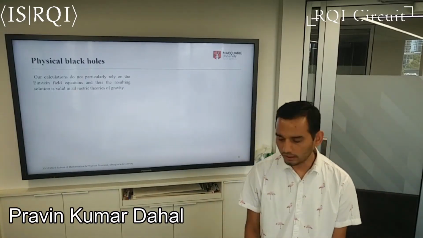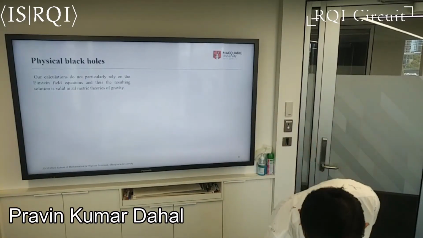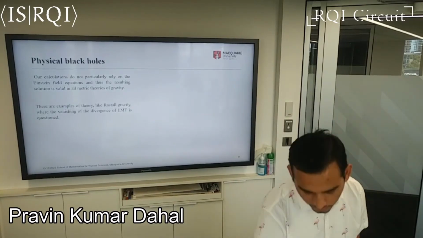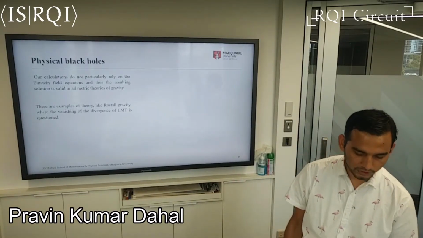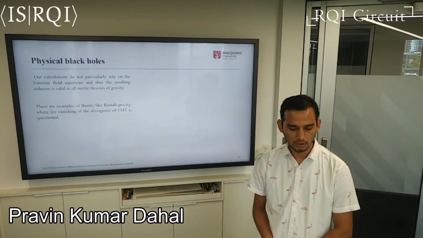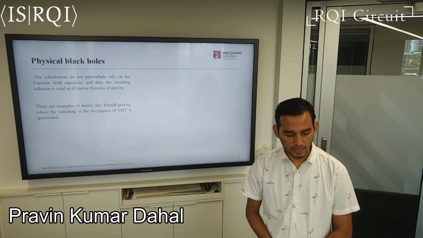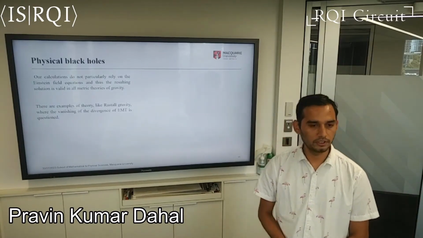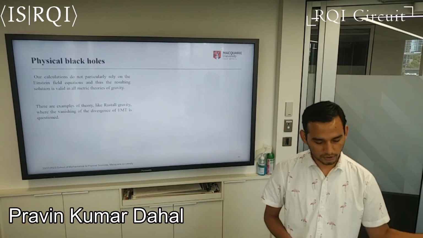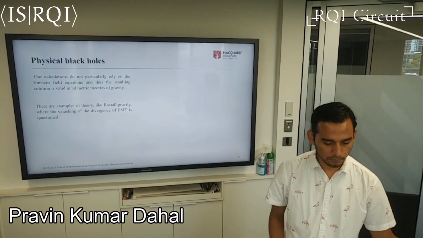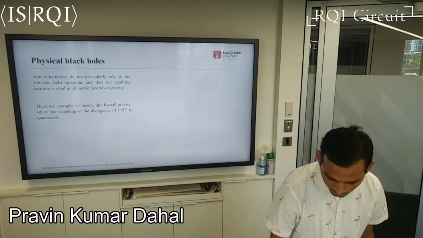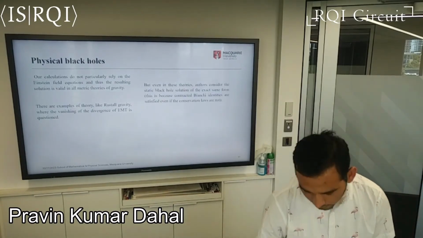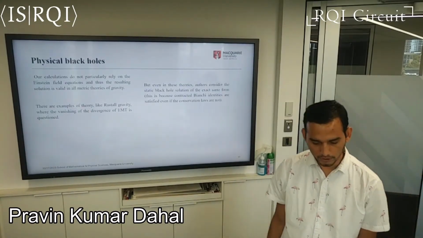So it's valid in all metric theories of gravity. I have seen a specific interesting example. For example, in rainbow gravity, people consider that the divergence of the EMT is not valid, and it starts from that assumption. What if the divergence of the energy momentum tensor is not valid? However, our framework is applicable in that case also.